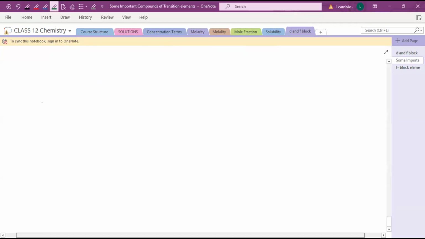This was the oxidizing nature in acidic medium. Second point, write down the oxidizing nature in basic or neutral medium.